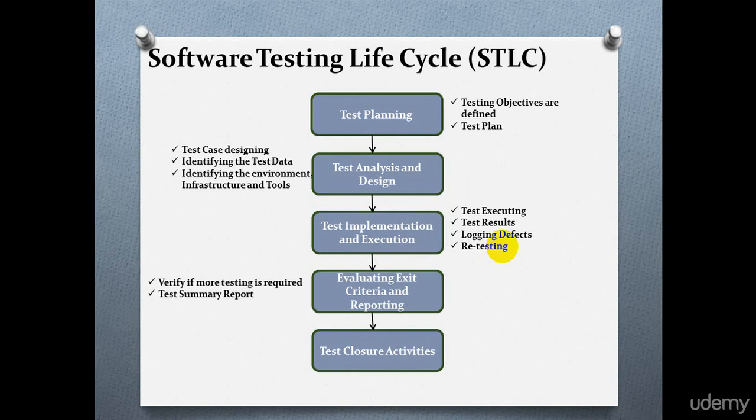A test summary report is created for the stakeholders to review the progress of testing, after the tester assures that defects have been fixed and no more critical defects remain in the software.